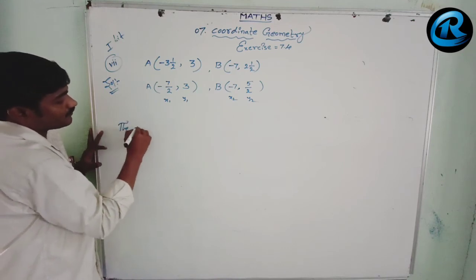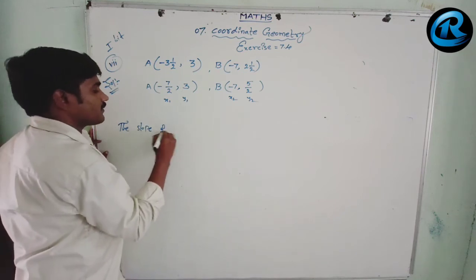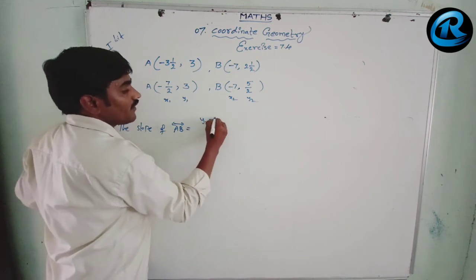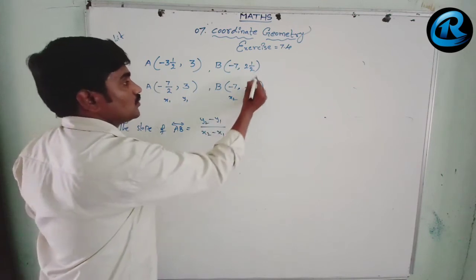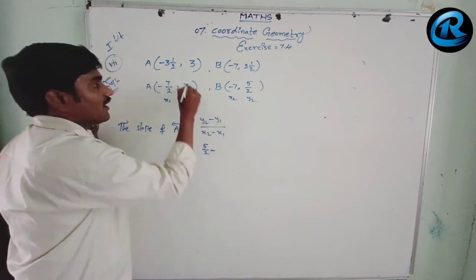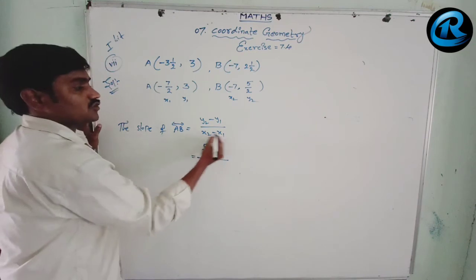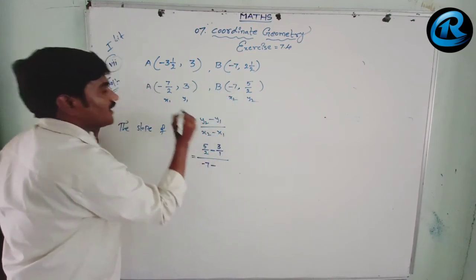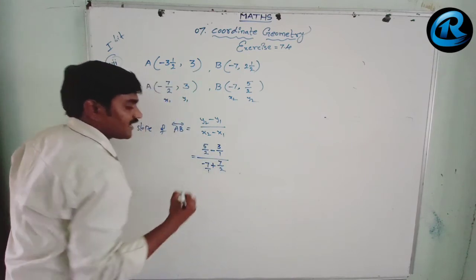The slope of line AB is equal to y2 minus y1 by x2 minus x1. y2, that is 5 by 2, minus y1, that is 3, which I can write as 3 by 1, whole by x2 minus x1. x2 is minus 7, minus x1 is minus of minus 7 by 2, minus into minus plus 7 by 2. This we can write again by 1.